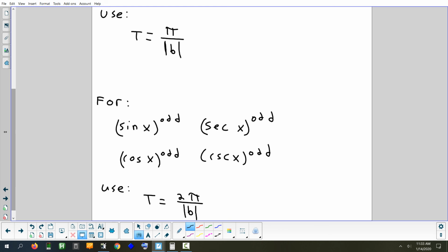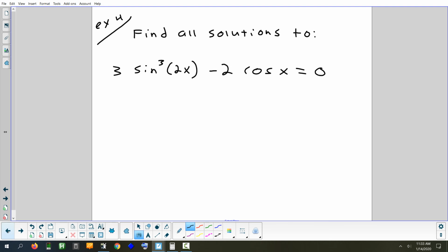All right. So now we don't have to play around trying to figure out what the period is. There's a formula that summarizes every trig function you could have in this class and how to find its period. It's either 2 pi over b or 1 pi over b. Okay, so let's look at ours.